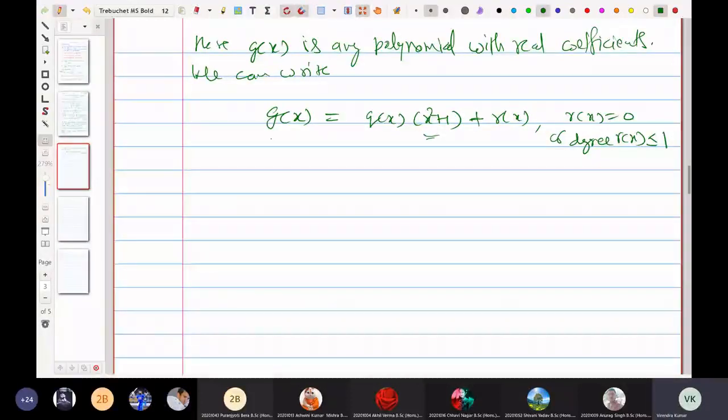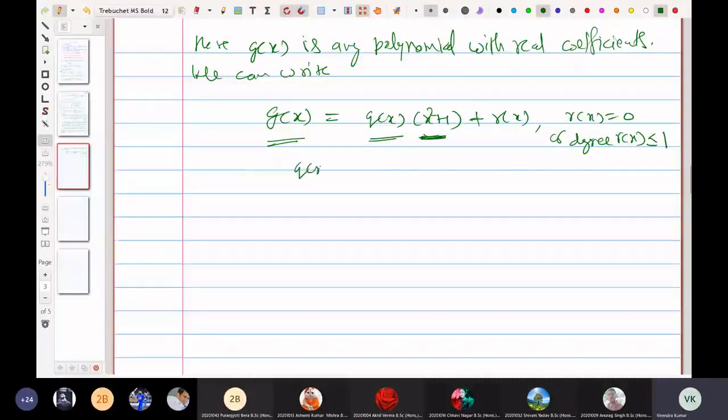Fine. So g(x) is equivalent to this. One more thing: because this is a principal ideal generated by this element, any multiple with an element of the ring will be absorbed in the ideal.